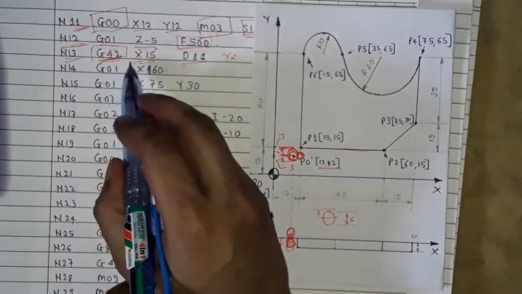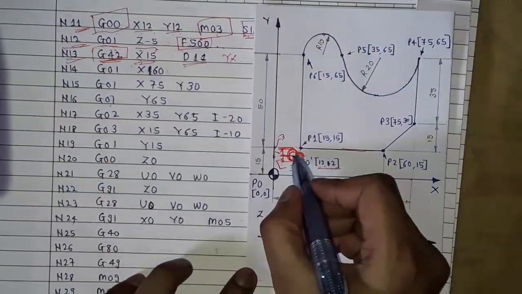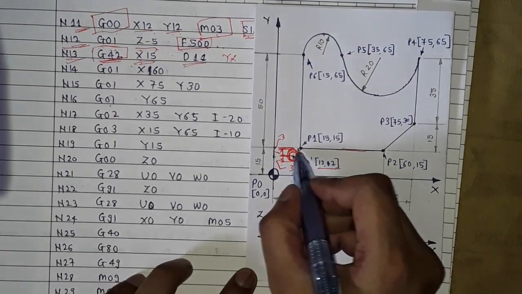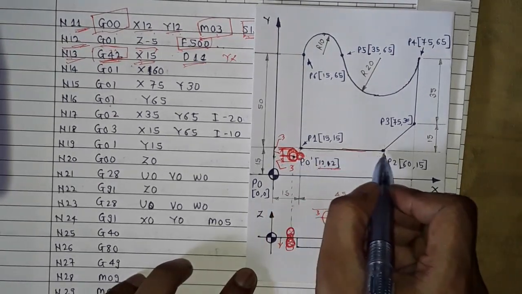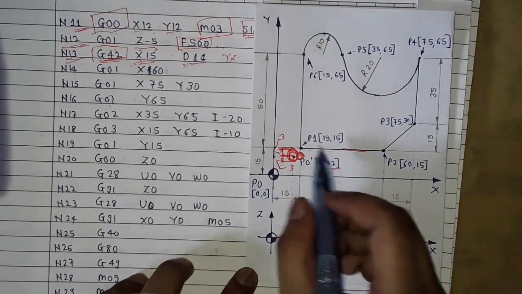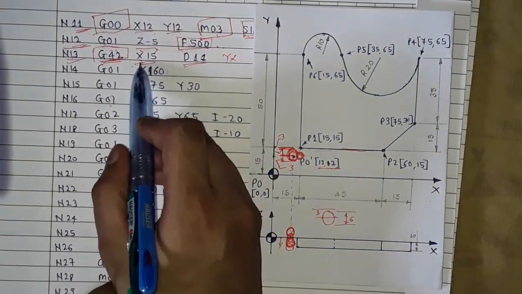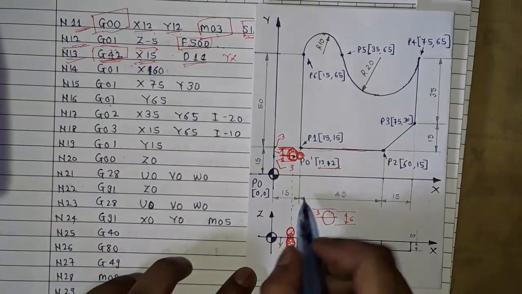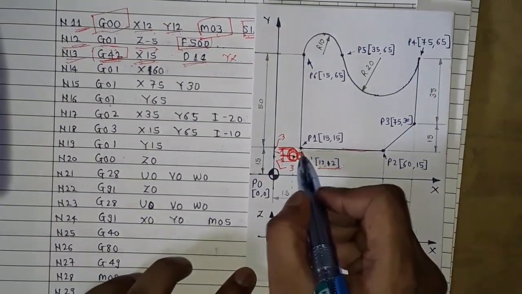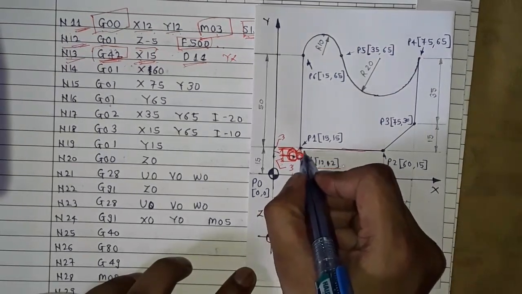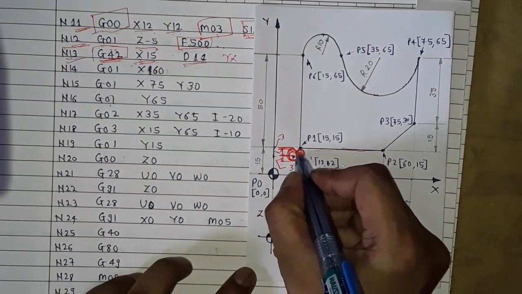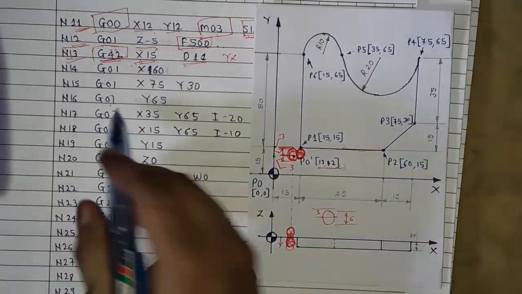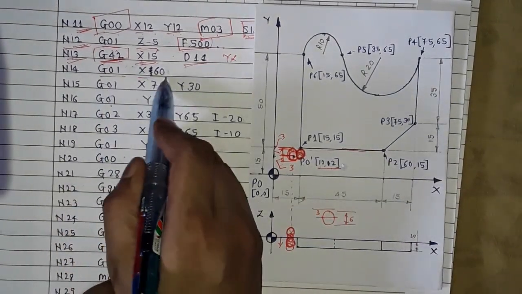As we have used cutter radius compensation, the cutter will touch our part further on. Now the cutter will move till X15, that is, the cutter will be at this position. Now G01 X60.